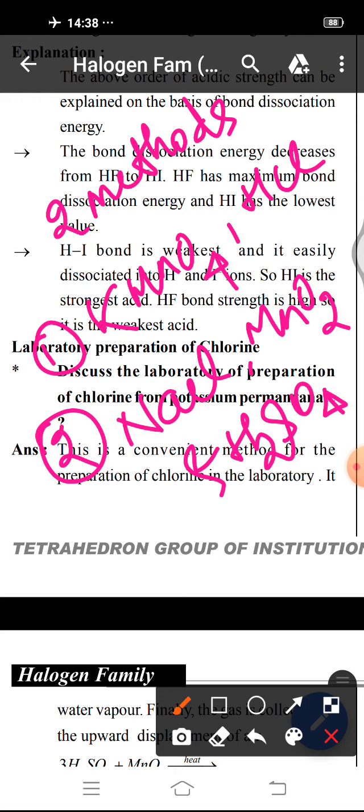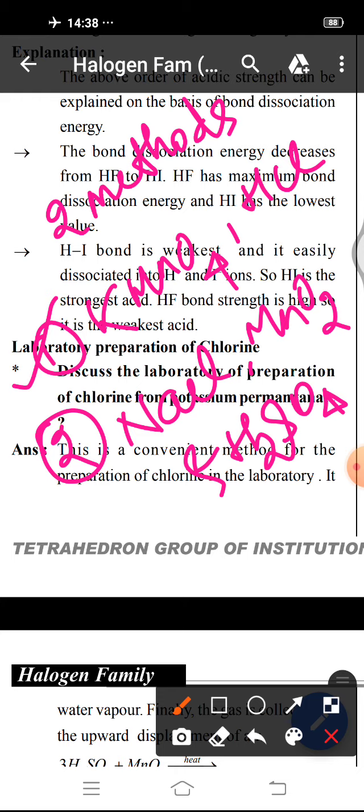So these are the two methods by which chlorine can be prepared in the laboratory. First one is from potassium permanganate and HCl, and second one is NaCl, MnO2 and H2SO4.